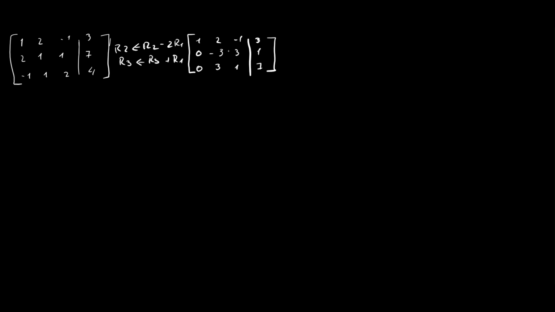Next, let's divide row 2 by -3 to get the pivot number as 1. So now we're just gonna get rid of this 3.